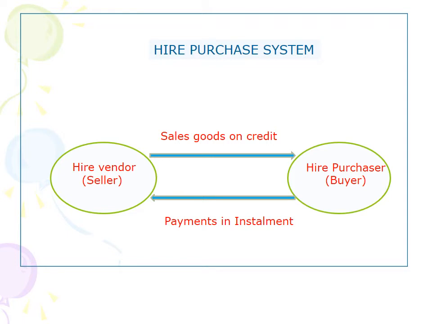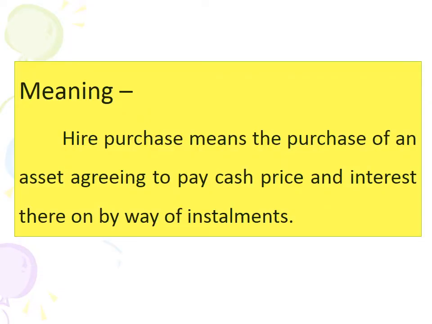So one important point is the possession of goods is transferred immediately after agreement from hire vendor to hire purchaser, but the ownership of goods is transferred only after payment of last installment from hire vendor to hire purchaser.